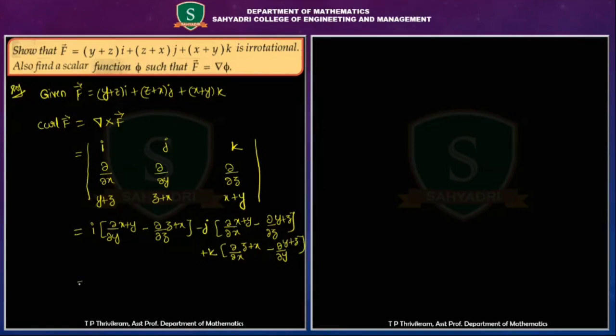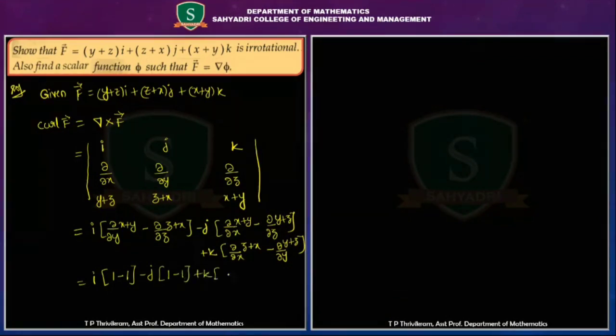So how much will you get? Let us see. The differentiation of x plus y with respect to y, how much? 1. So you'll get 1 minus, with respect to z, again 1. Minus j, again 1 minus 1.